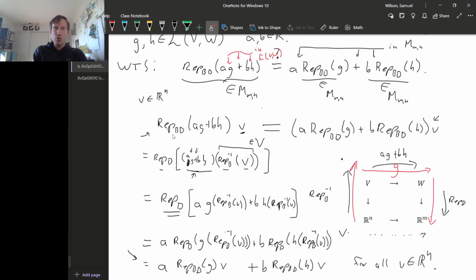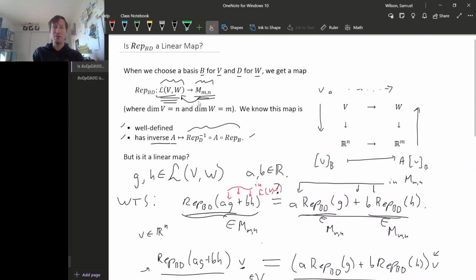So for every vector in Rn, this product is equal to that product. But we know that means these matrices have to be equal. So this matrix is equal to that matrix. But that's exactly what we needed to know that rep BD is a homomorphism, a linear map. So now we know that this thing is an isomorphism.